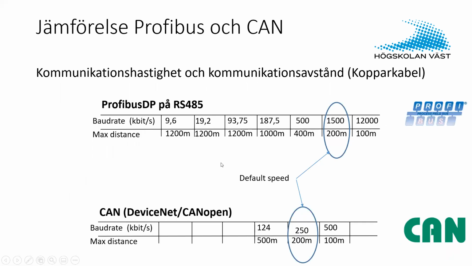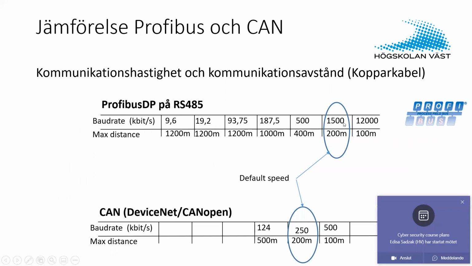Okay, time flies. Here's a comparison between Profibus and CAN. I don't think it's so interesting, but CAN is kind of slow, Profibus probably faster, but there are so many different improvements on the protocols and versions, so I think it's hard to say that one always wins.